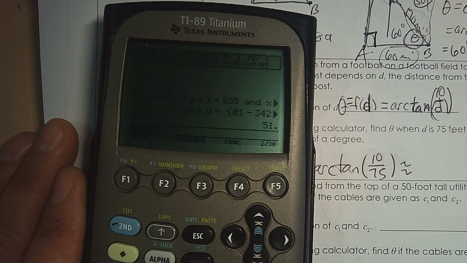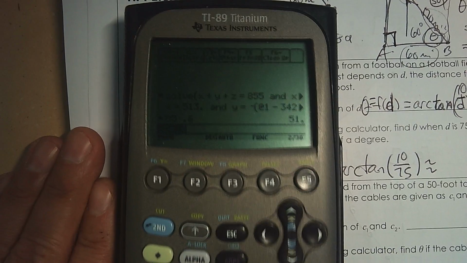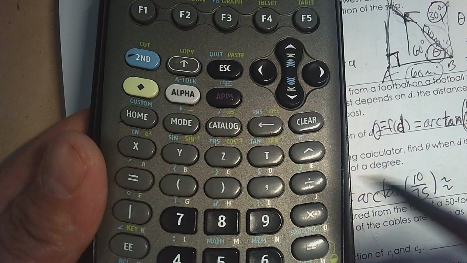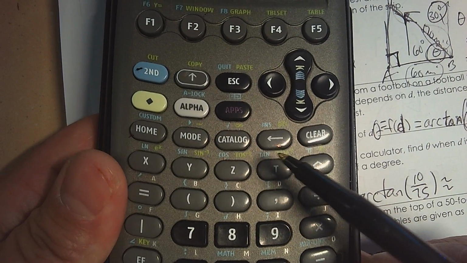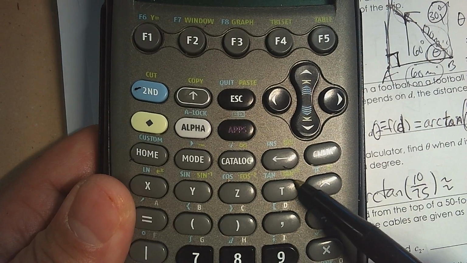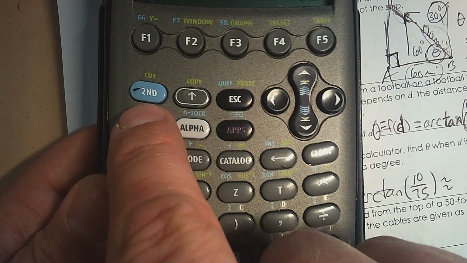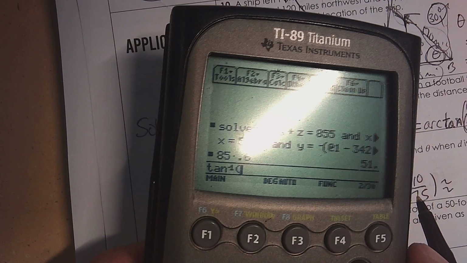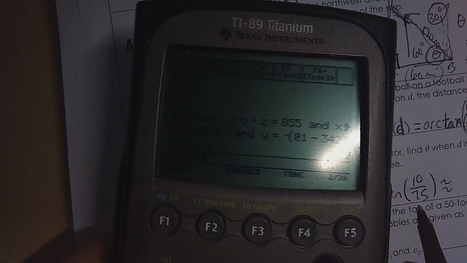Now, the question is, where is arctangent on my calculator? And the answer is, it's in yellow. So, do you see tangent to the little -1 in yellow or green? Press diamond T. And then do you see inverse? And inside I'm going to go 10 divided by 75.